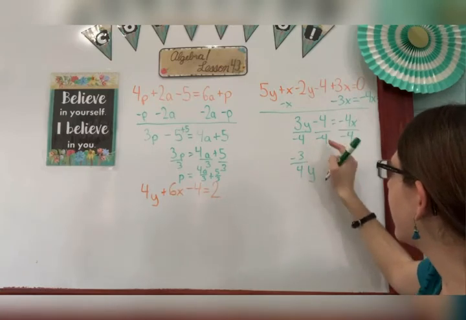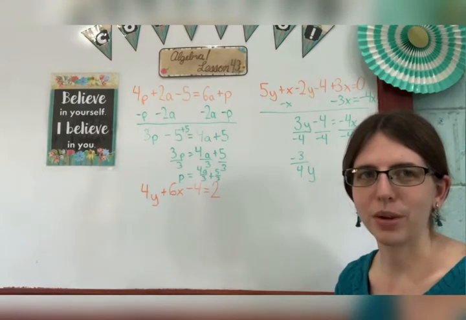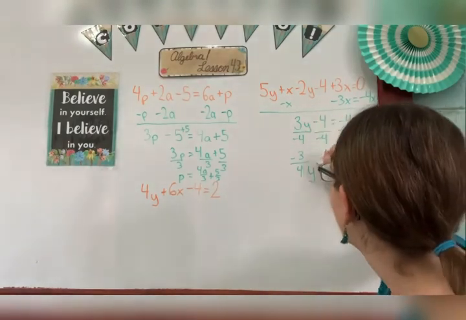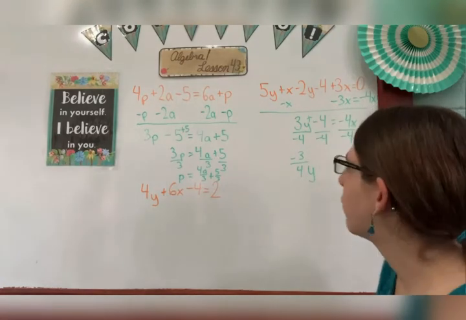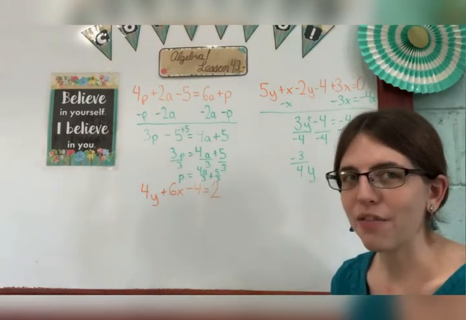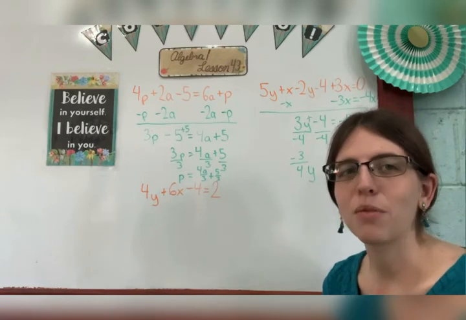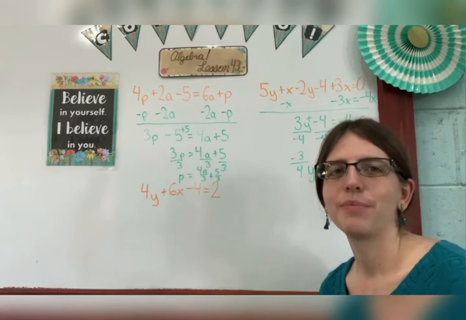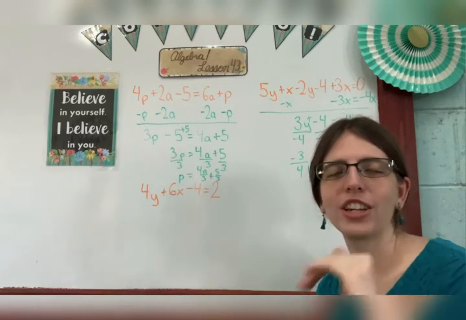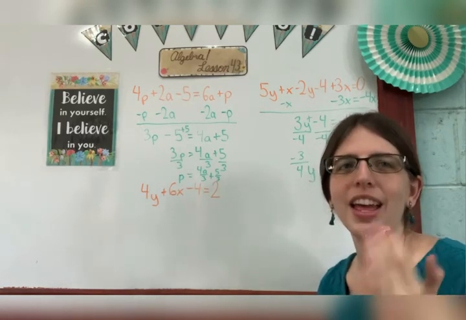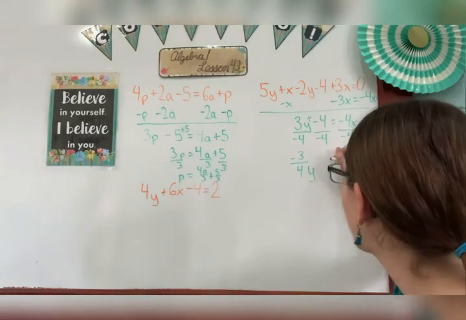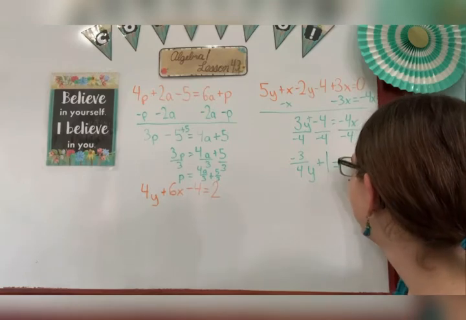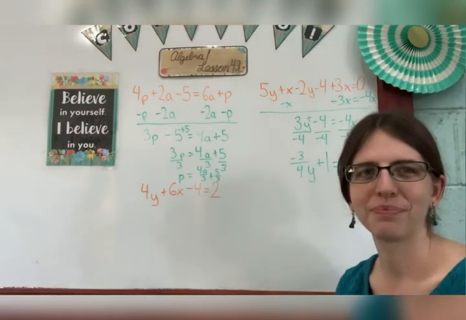And then negative 4 over negative 4 is what I'm left with, because it's minus 4 over negative 4, so it's the same as plus a negative 4 over a negative 4. When I have a negative over a negative, remember my answer is positive, and any fraction that has the same numerator and denominator is equal to 1. So this is really negative 3 over 4y plus 1 equals x.